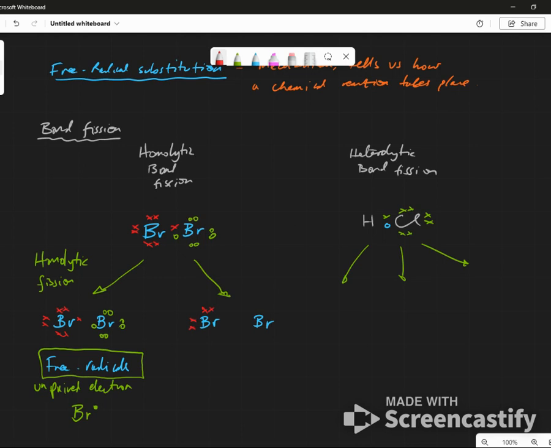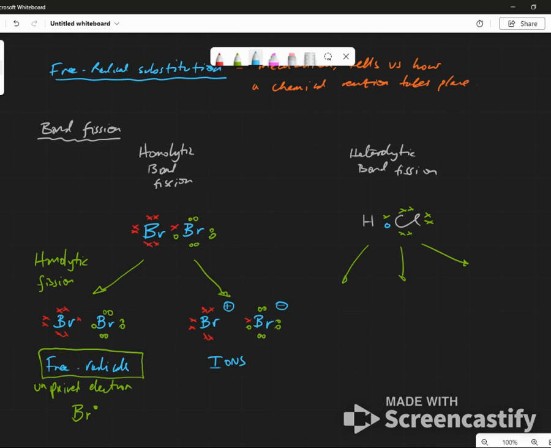The other type of bond fission happens if one of the atoms gets the bonding electron and the other one doesn't. If this happens, we don't get free radicals, we get ions. The one on the left is going to be a positive ion, and the one on the right a negative ion.